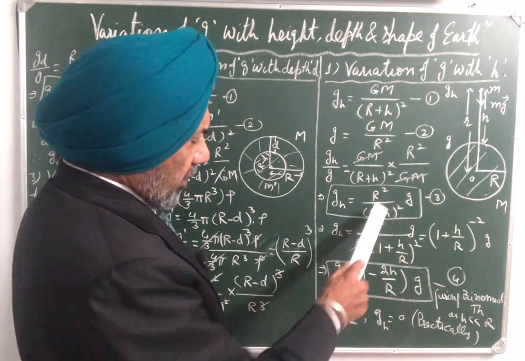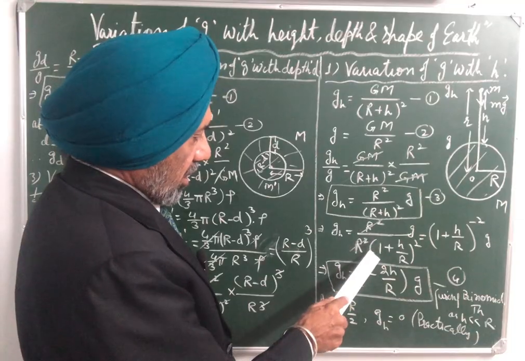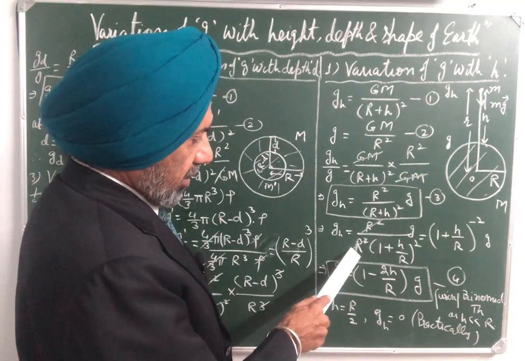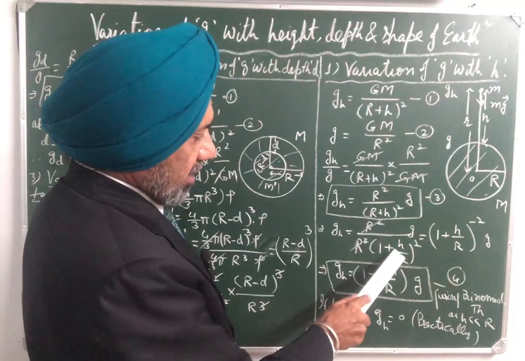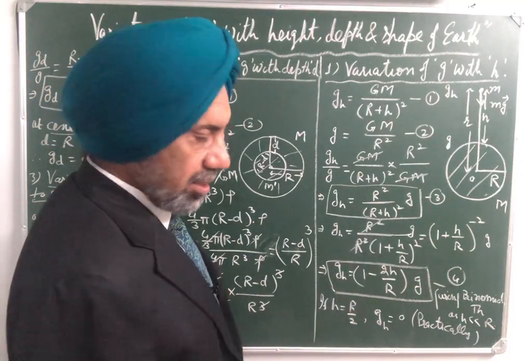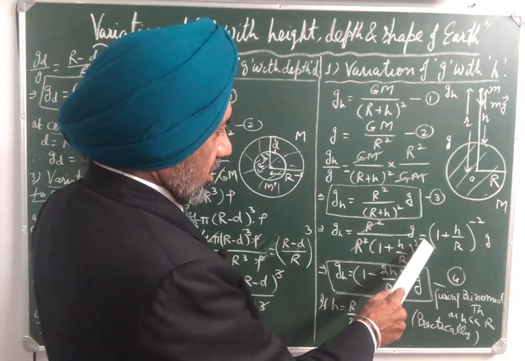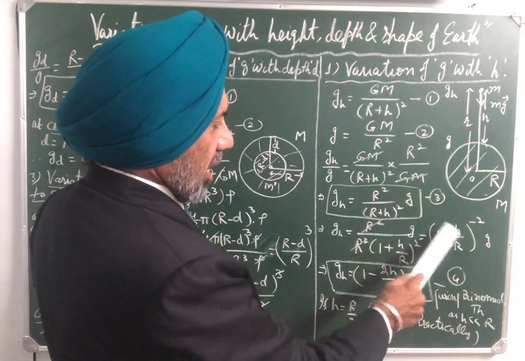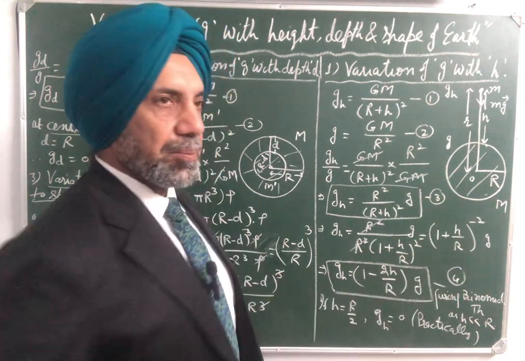Now, if we simplify it, taking R square common in the denominator, it will be R square into (1 plus h upon R) whole square. So R square cancels, and we can write gh is equal to (1 plus h upon R) to the power minus 2 into g.